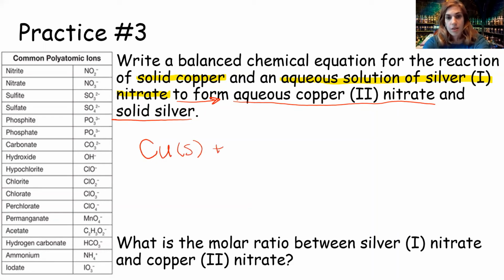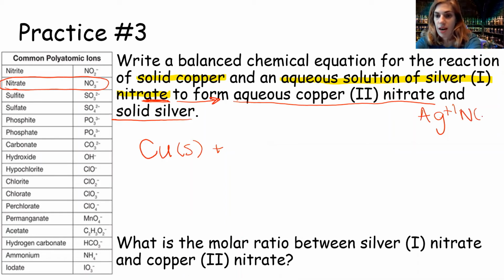and an aqueous solution of silver 1 nitrate. I'm going to write this on top so you can see that silver has a +1 charge. That's what the Roman numeral stands for. And then nitrate ends in ATE, so it's a polyatomic. If I look over here, I see nitrate is NO3 -1.